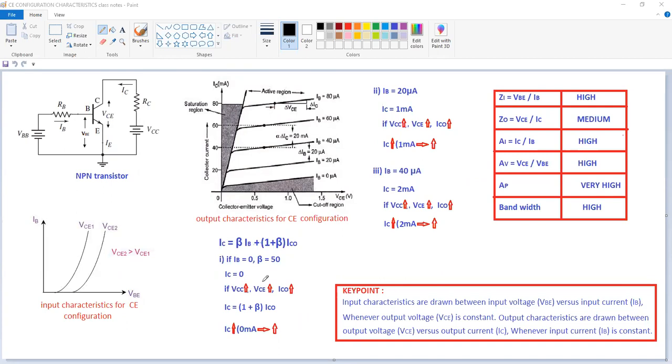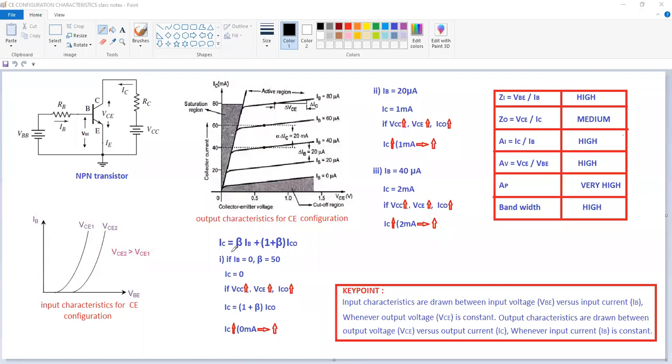If VCE is going to increase, the reverse saturation current ICO also is going to increase here. When you consider this reverse saturation current, then after 0 milliamps, IC is going to increase from this 0 milliamps to the remaining value. Is it clear to everyone? Here, ICO is increasing from 0 milliamps to the remaining value.